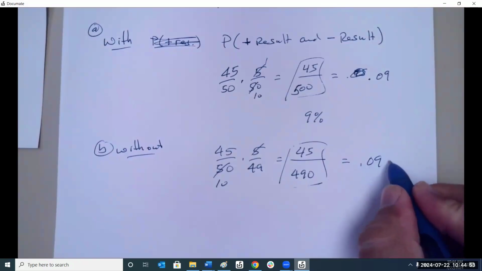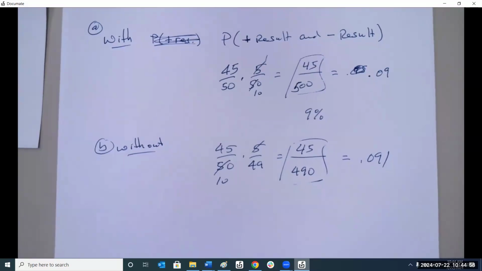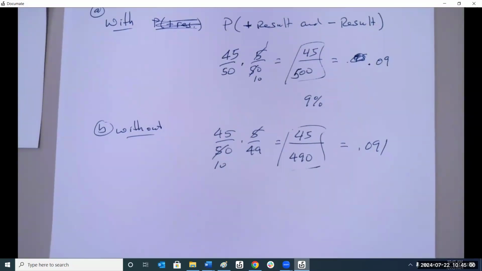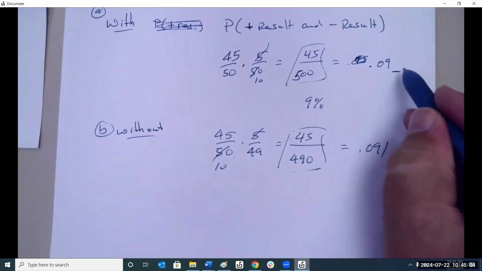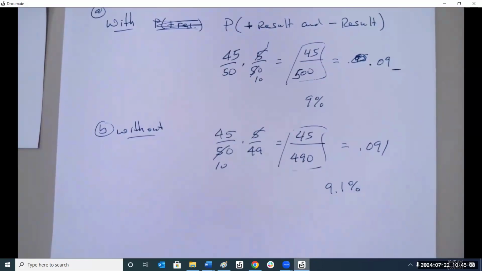That one's gonna be 0.901 or 2. So yeah, even though it's to the third decimal, this one is 9.1% chance of occurring.